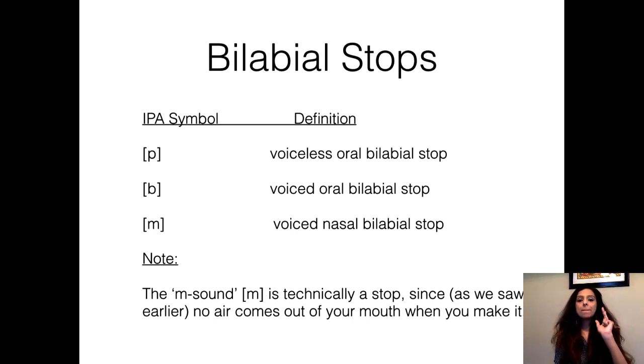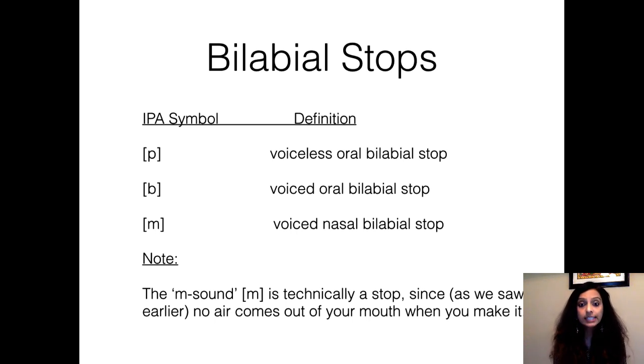P, b, m. And now you can see that you can define them according to the different parameters that we have seen so far. So p is a voiceless oral bilabial stop. B is a voiced oral bilabial stop. M is a voiced nasal bilabial stop. So if I ask you what is the one parameter that distinguishes p from b, what will be your answer?